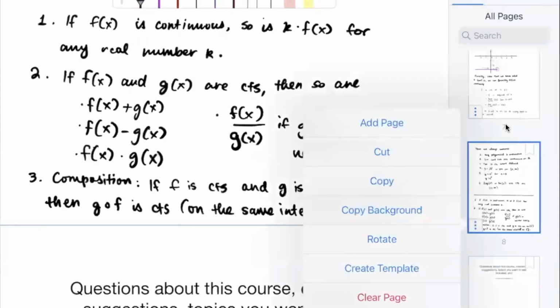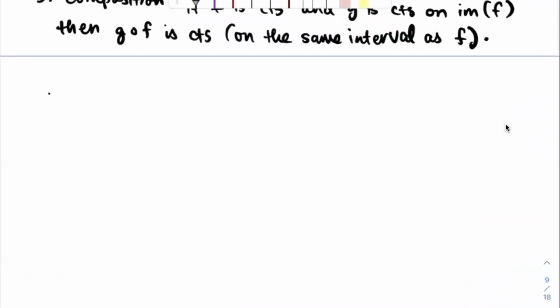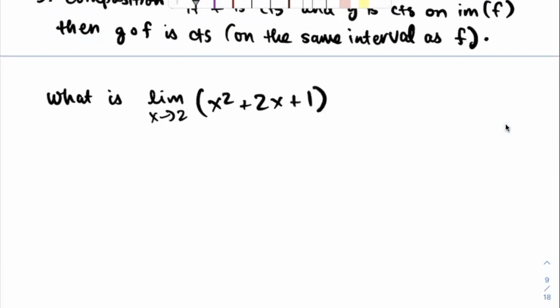So let's quickly do an example. Say I ask, what is the limit as x goes to 2 of x squared plus 2x plus 1? Well, this function here is a polynomial. So we already know from what we just said that this is continuous.